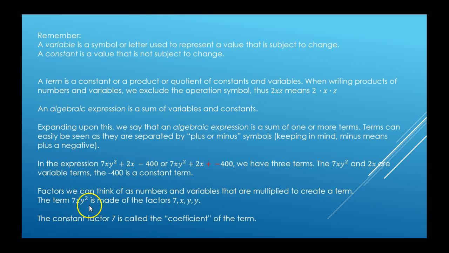If it's a term that has variables, the number that is part of that term is your coefficient. And just as a side note, if a term is just a single variable, the coefficient of that variable is 1. So every variable term has a coefficient. If there's no number in that term, the coefficient is 1.